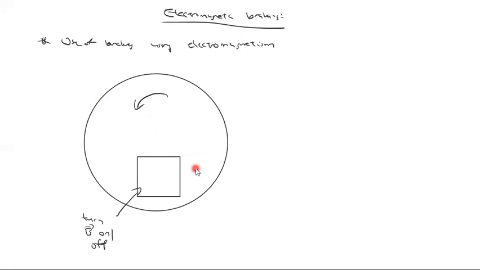Now, what we can do is go, hey, we want to stop. You press the brakes, and if you're using electromagnetic braking, that will turn on a magnetic field on a part of the wheel. It doesn't really matter which way the magnetic field goes, but I'm going to do it as into the page here.